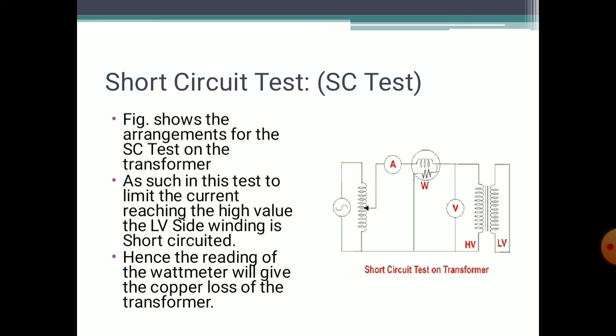After reaching the rated value, the reading of the wattmeter is taken, and it will show the copper loss of the transformer. As the low voltage side of the winding is short circuited and not connected to load, whatever current flows through the transformer will show only the copper losses of the transformer.